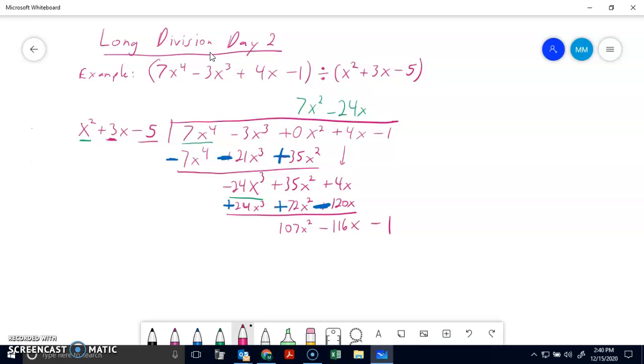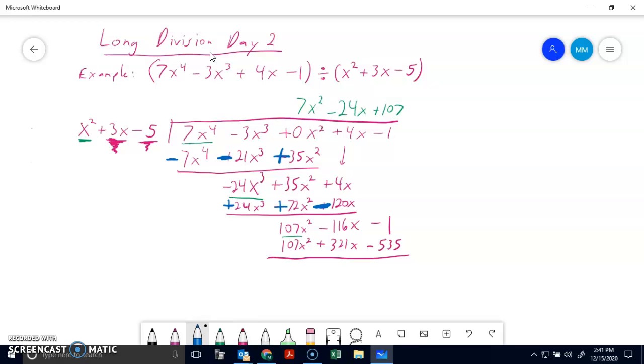All right, one more time, guys. The first terms only gives me 107. And I multiply it back through. 107 times x squared. 107 times 3x is positive 321x. 107 times negative 5 is a negative 535.